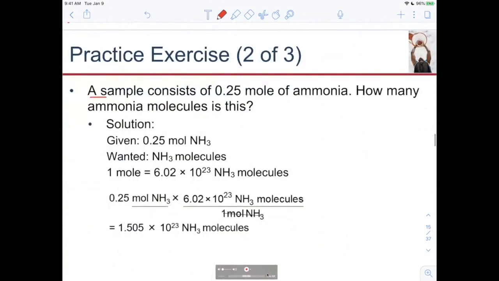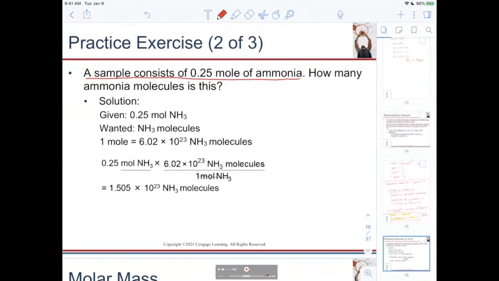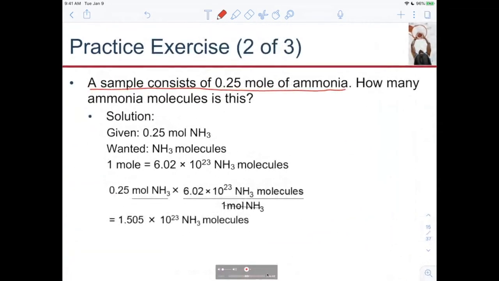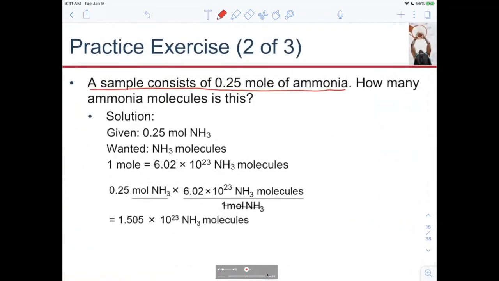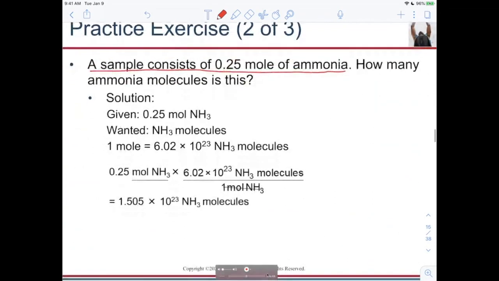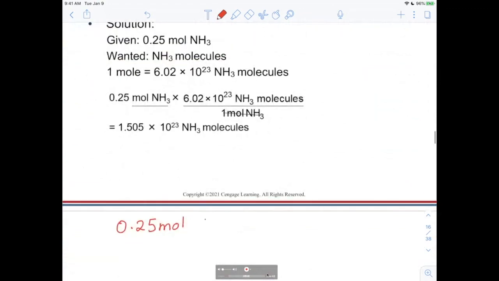We're told a sample contains 0.25 moles of ammonia. Ammonia is not a common ion or polyatomic ion, so you will have to know its formula. Okay, let me see. Add a page. I have 0.25 moles of ammonia.